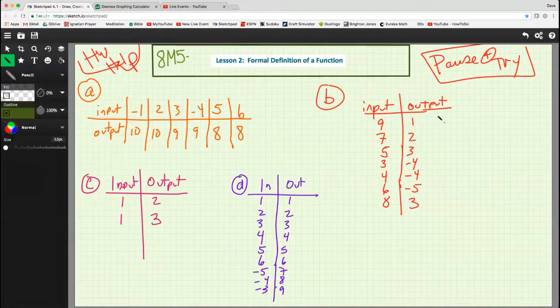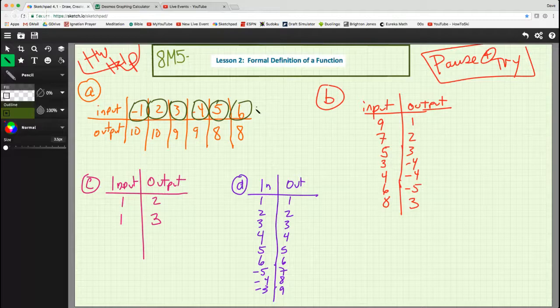Okay, so now I assume you've paused and tried these. Now notice sometimes we can have our input and output shown horizontally, and sometimes they're shown vertically. So don't let that confuse you. Okay, let's look here. Do I have any duplicate inputs? No. These are all different.